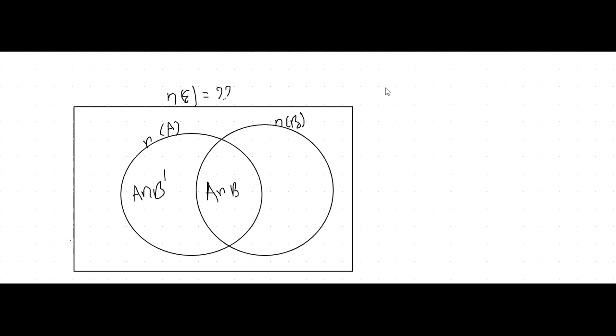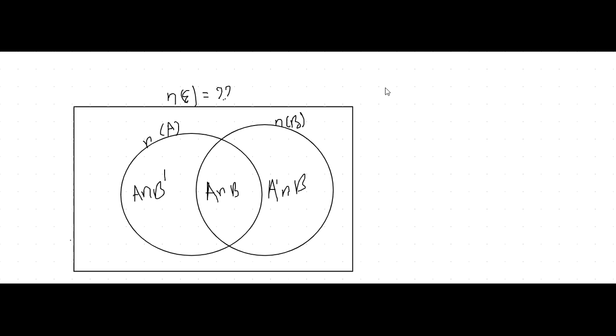A complement intersection B. This simply means that it is only members of set B that are part of it, and A is not.